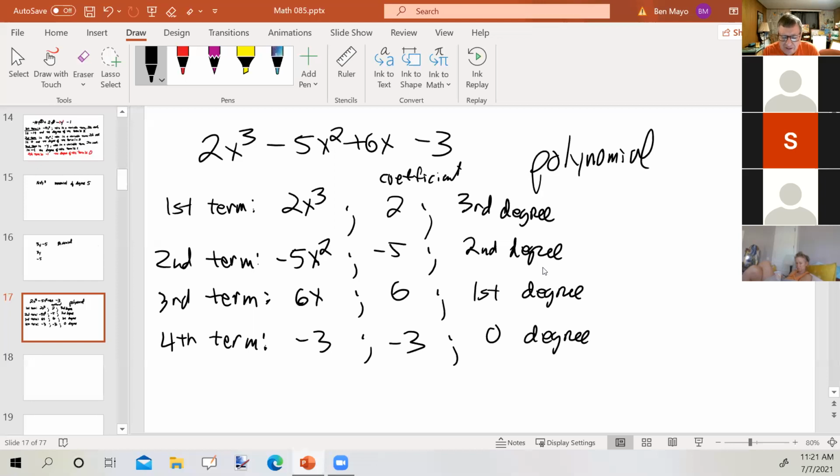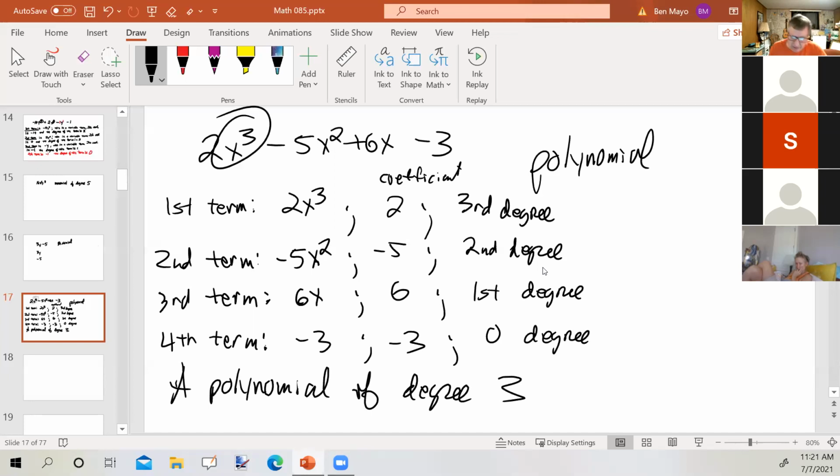The degree of the entire polynomial is the same as the degree of the highest powered term. So this is a polynomial of degree 3, okay? You don't add up all the exponents because they're on different terms, okay? The 3, the 2, and the implied 1 and the 0, those are all different terms.